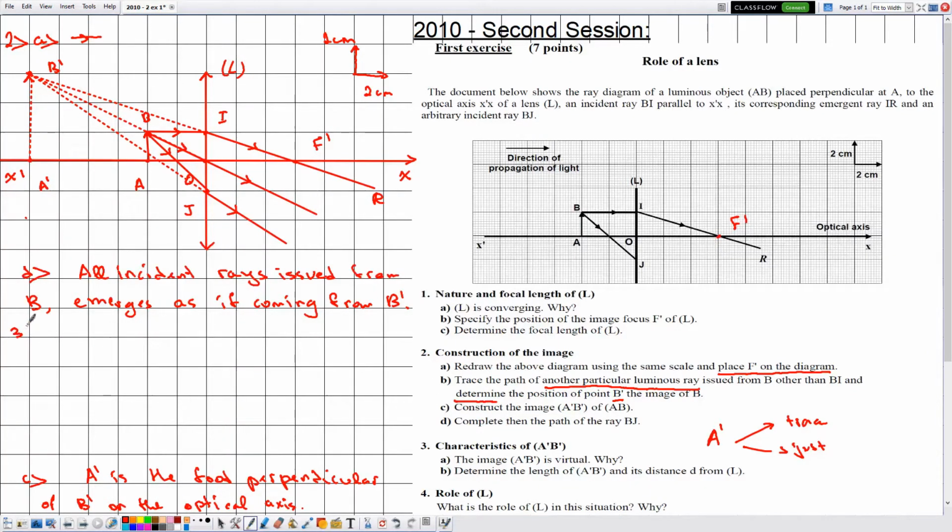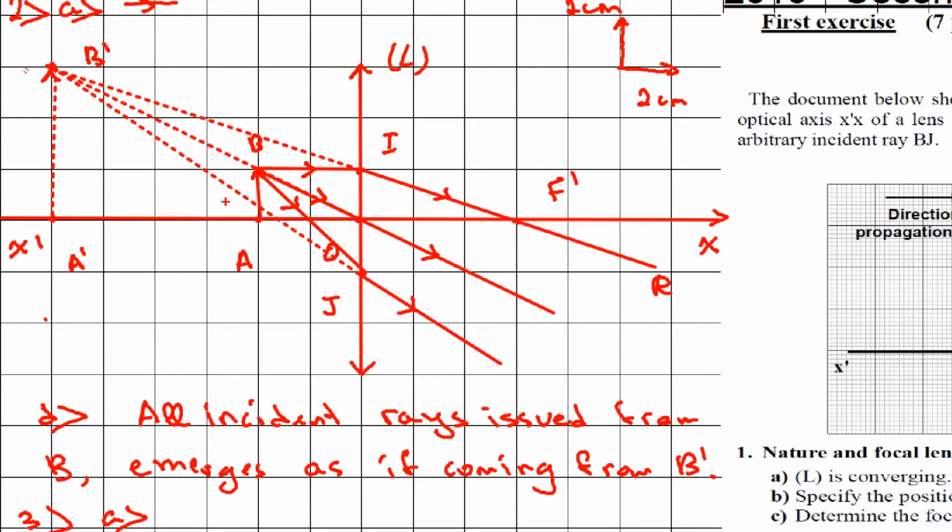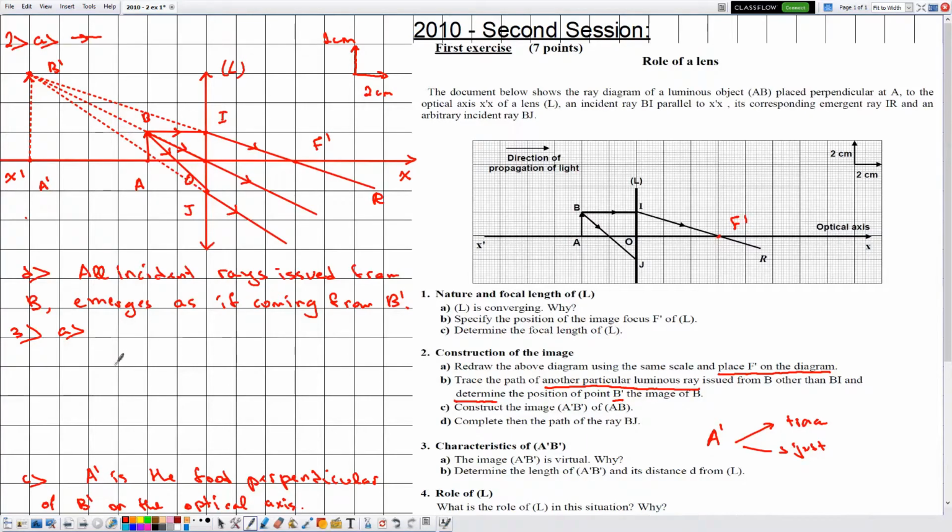Now in number 3 they are telling me the characteristics of A prime B prime. So the image A prime B prime is virtual. Why? Notice that the object AB is pointing upward and the image A prime B prime is pointing upward, which means that the image and the object are in the same direction, which means that the image is erect with respect to the object.